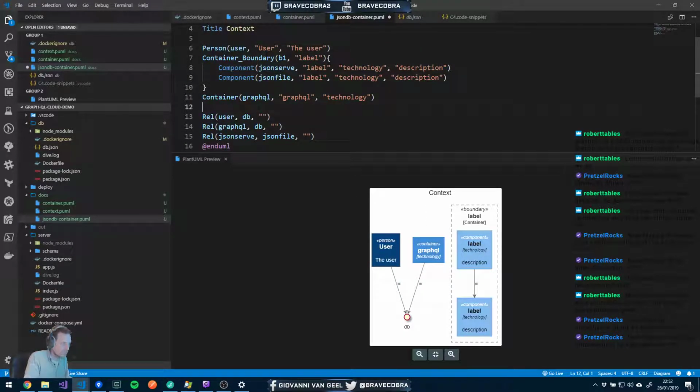That makes sense. Okay. They're not using the DB, they are using the JSON server. Both of them.